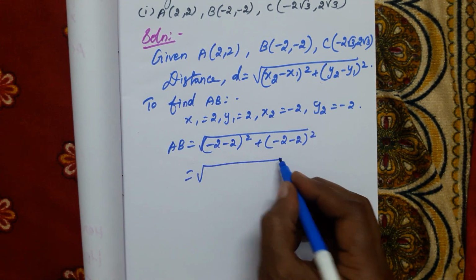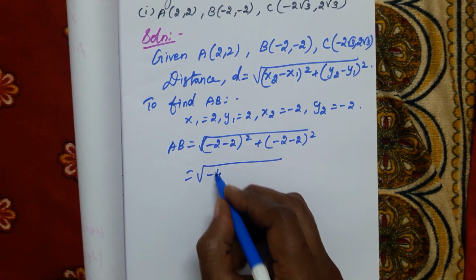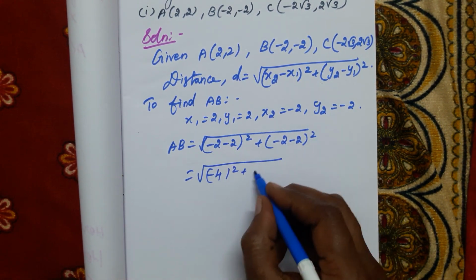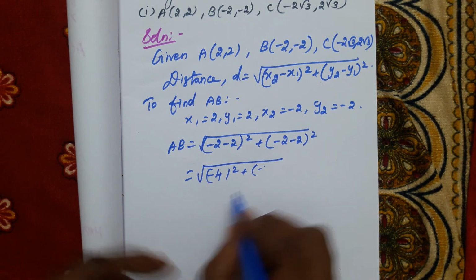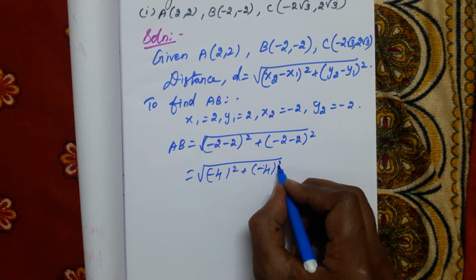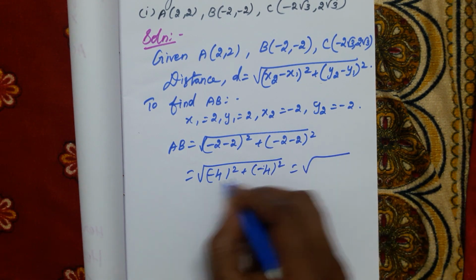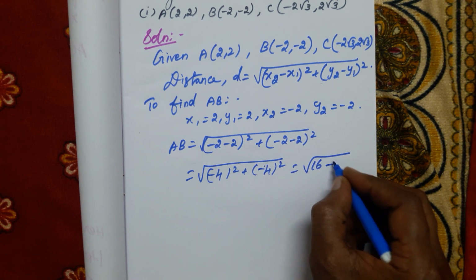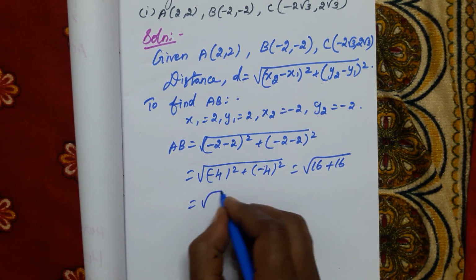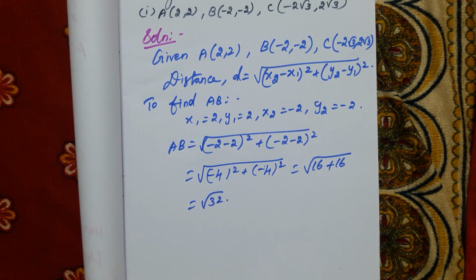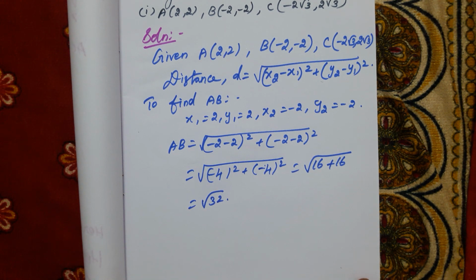It's equal to root of minus 4 the whole square plus minus 4 the whole square. 4 square is 16, plus 16. It's equal to root 32. So AB is equal to root 32.